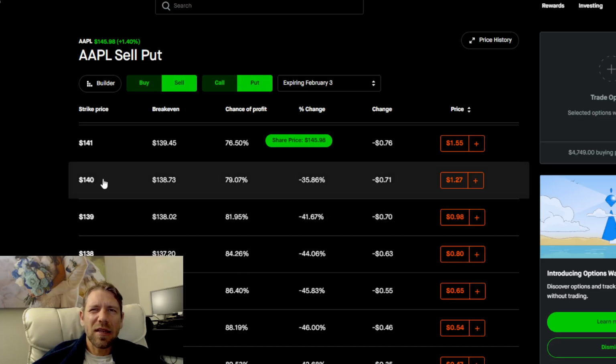Even if Apple drops to $10 a share next week, I have made a promise by selling that contract that I will buy 100 shares of Apple at 140 by February 3rd. No matter what the price is, I have to buy them at 140. And for that promise, I get paid $127. Okay?